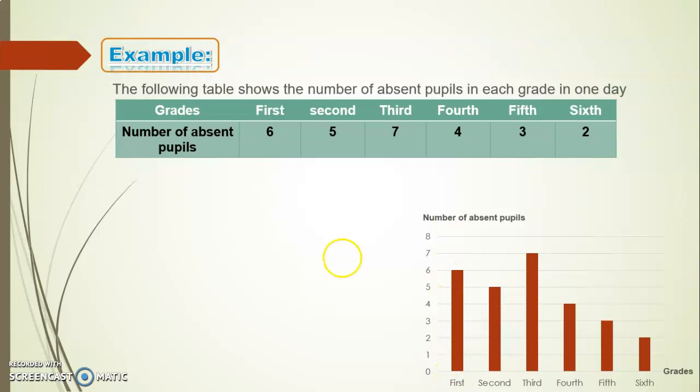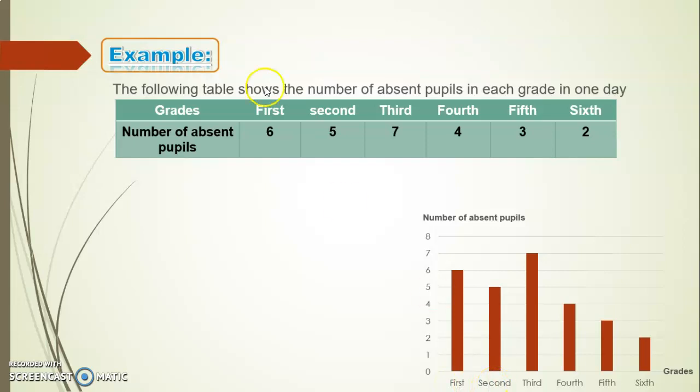How can I draw the bar? I first draw this line, then make a horizontal line, for example 1 centimeter or half centimeter according to the graph paper you have, and then go down above the word first.